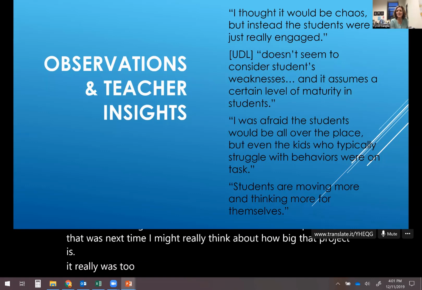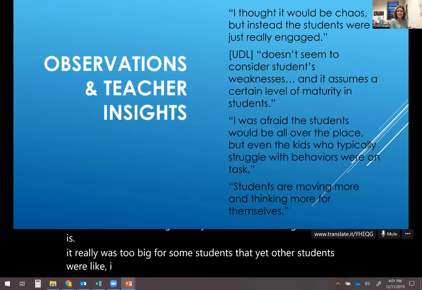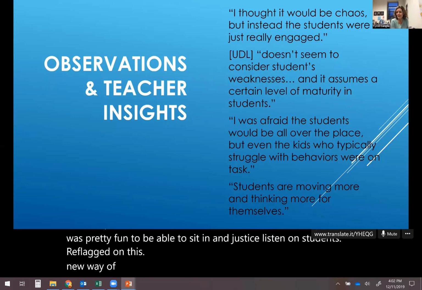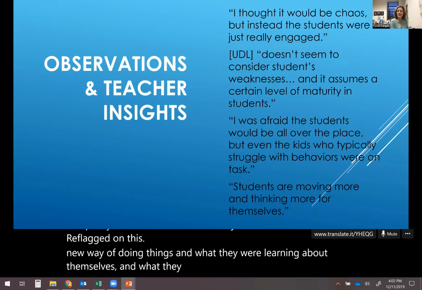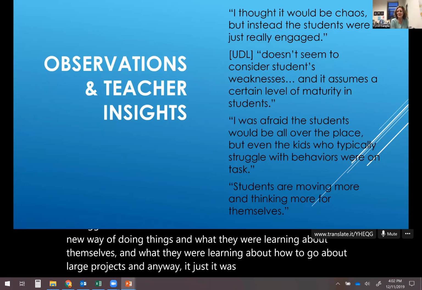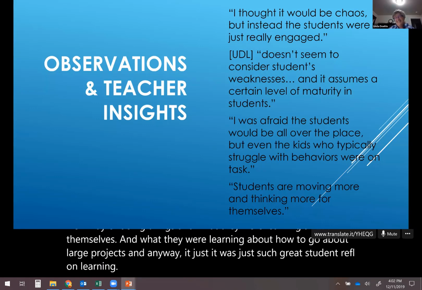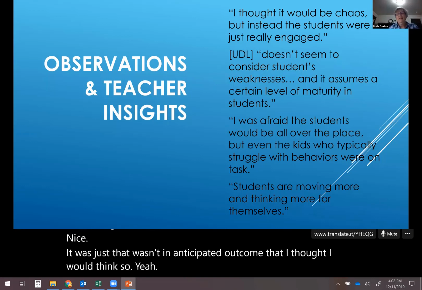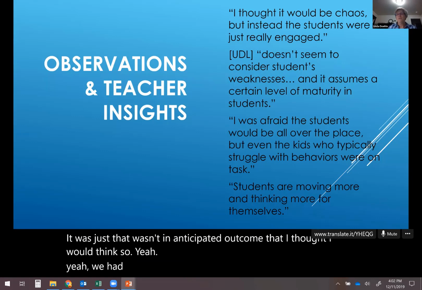Yet other students were like, I liked how I did that, but next time I'll do it this way. So it was pretty fun to sit in and listen to students reflect on this new way of doing things, and what they were learning about themselves and about how to go about large projects. It was such great student reflection on learning, and that wasn't an anticipated outcome that I thought I would see. So it was good. Yeah, we had lots of great outcomes that we were surprised at.